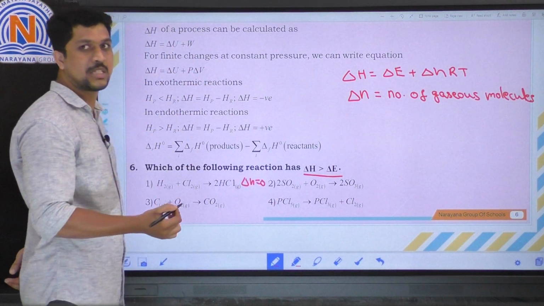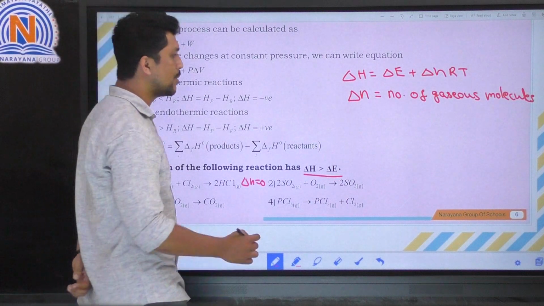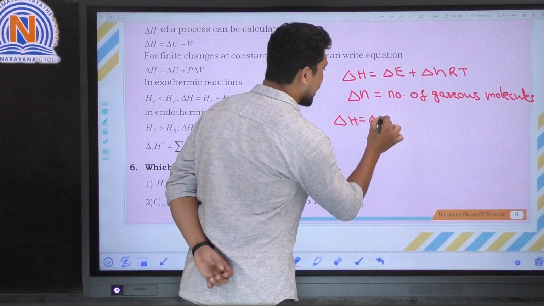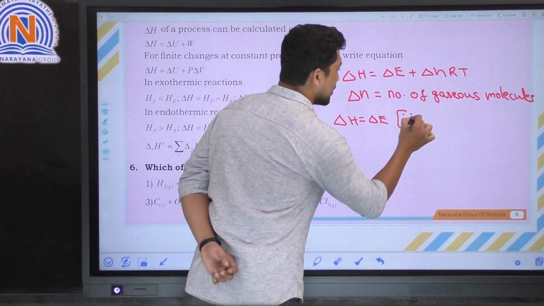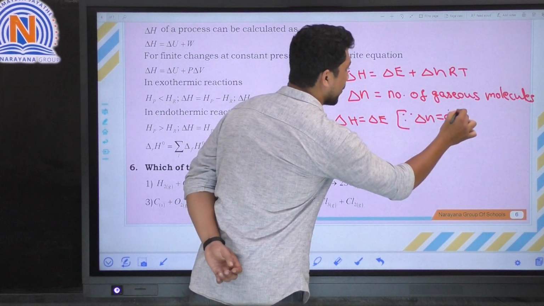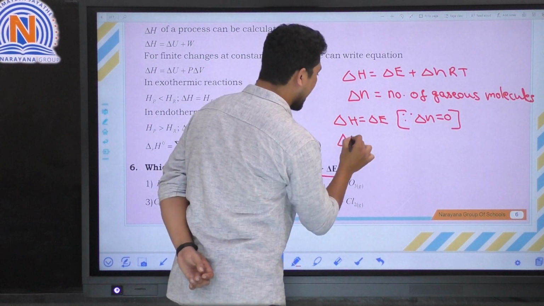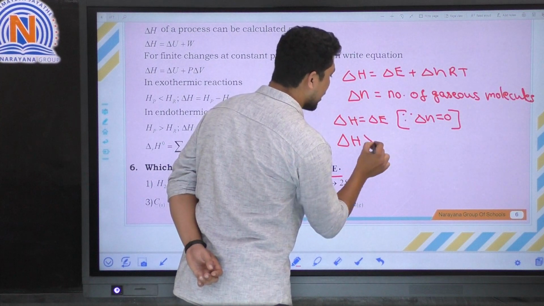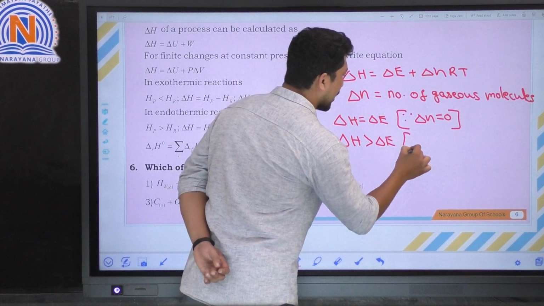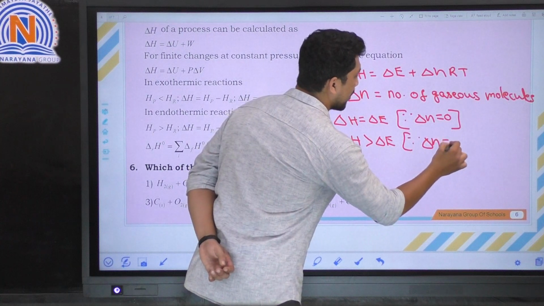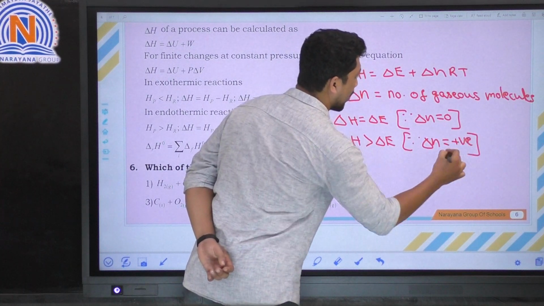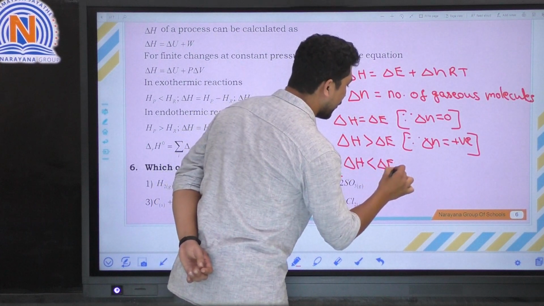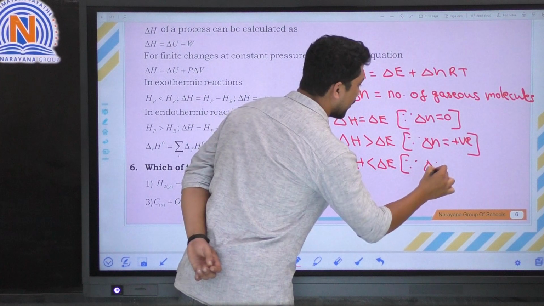If delta n equal to 0, then delta H equal to delta E. If delta n is positive, then delta H is greater than delta E. The third relation is delta H less than delta E, where delta n is negative.